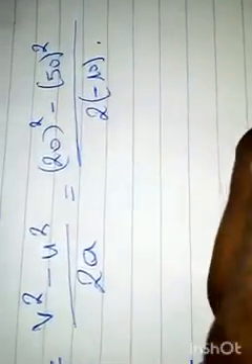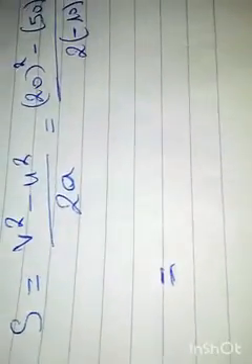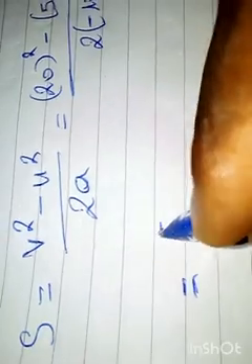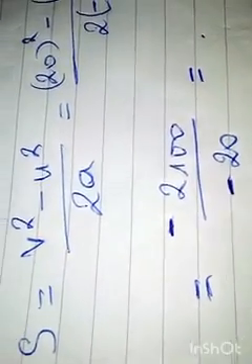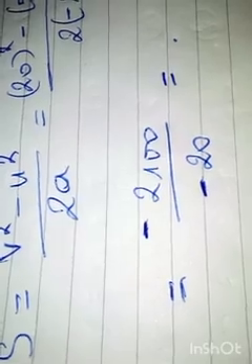When you operate this out, you're going to have 20 squared is 400 and 50 squared is 2500, something like that. All right, so you're going to have 400 minus 2500, which is negative 2100, over negative 20. Now the negatives will have to cancel out, and you are going to be left with 2100 divided by 20.